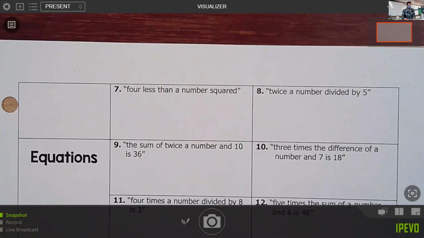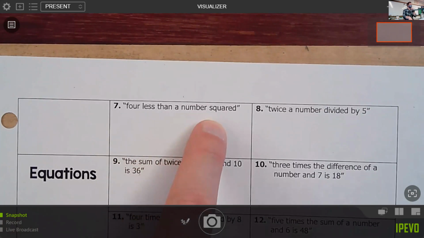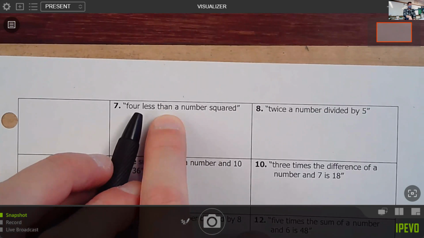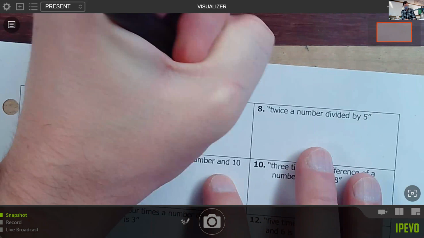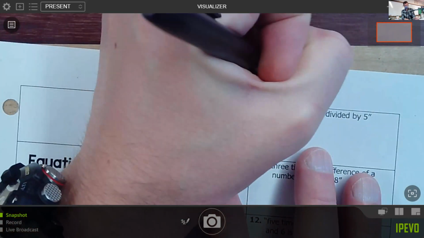All right, this one, 4 less than a number squared. So we've got 2 things happening here. What are the 2 things? What 2 operations? We have less than means what? Subtraction, and then squared. I'm going to circle this and point this out. That's an exponent. Exponent of 2.